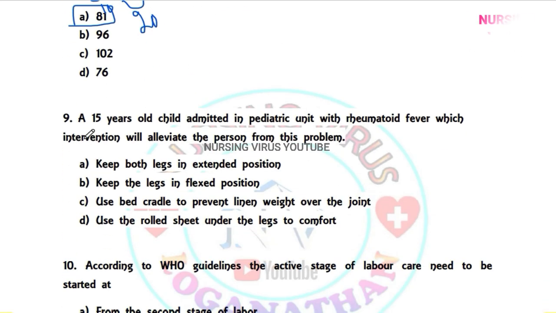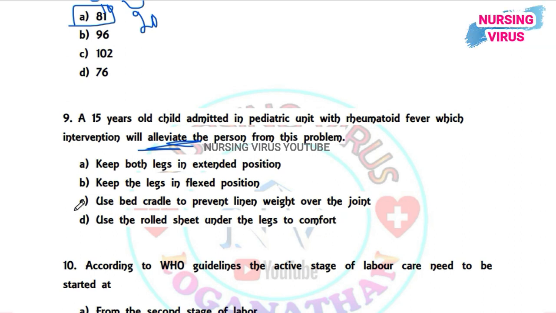Ninth question, a 15 year old child admitted in the pediatric unit with rheumatoid fever, which intervention will alleviate the person from this problem? They are asking how we can relieve the person from this major problem, and the options are: keep both legs in the extended position, keep the legs in the flexed position, use the bed cradle to prevent the linen weight over the joints, use the rolled sheet under the leg to comfort.